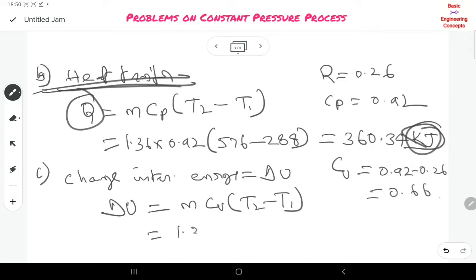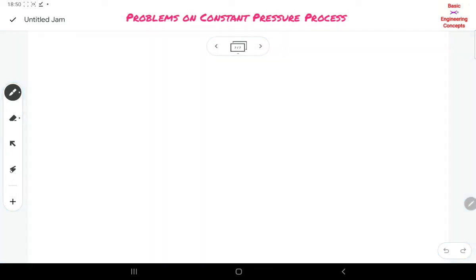So that is 1.36 into 0.66 into 576 minus 288, that is 258.5.